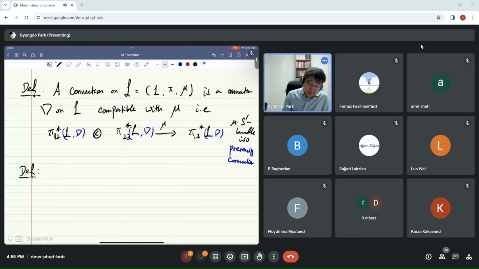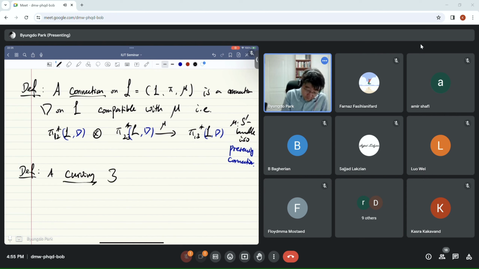And for the case of a line bundle, you have just a connection, and then you talk about curvature. But for the case of gerbes, there is another thing called a curving.